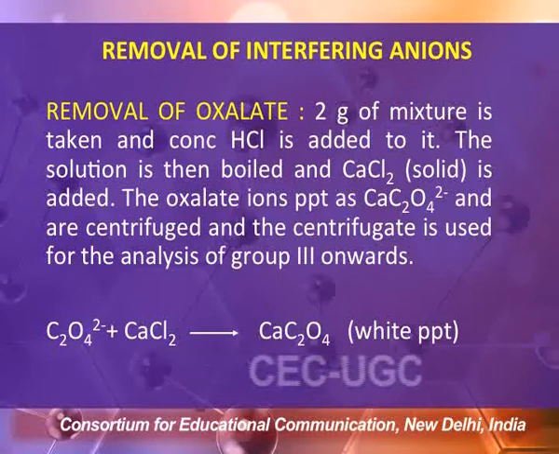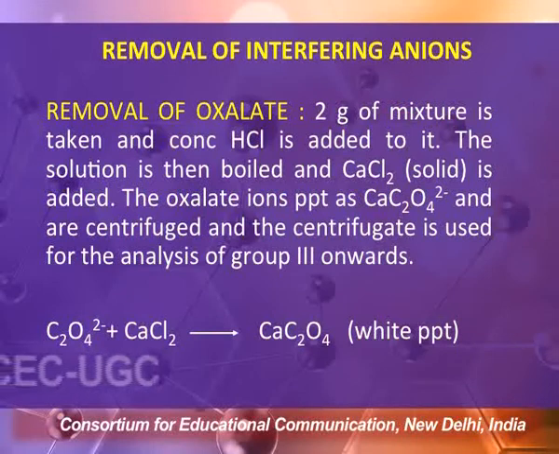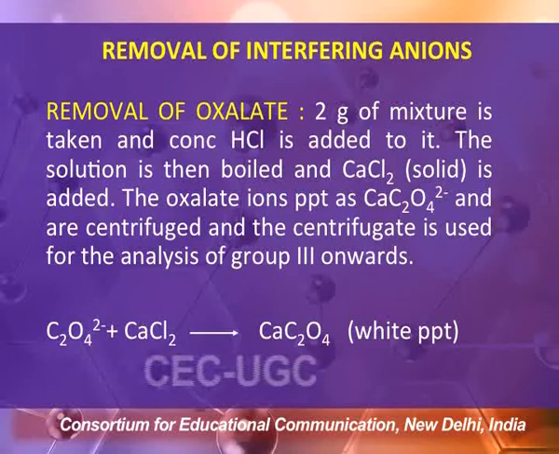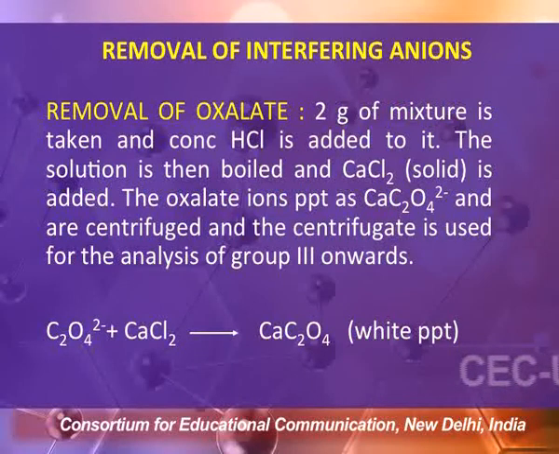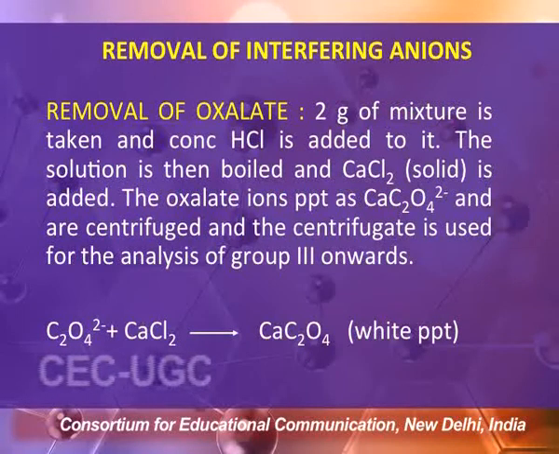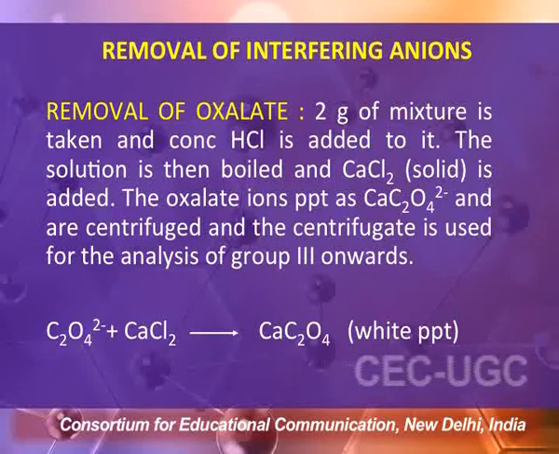Interfering ions like borate, oxalate, phosphate and fluoride need to be removed from the mixture before proceeding for group 3 cation analysis, since they tend to precipitate as the medium changes from acidic to alkaline from group 1 to group 2.